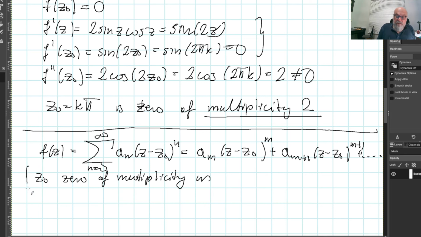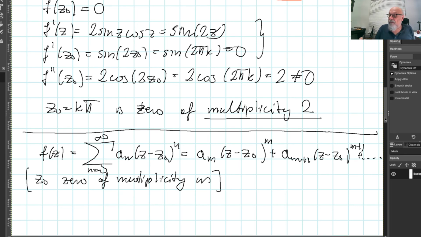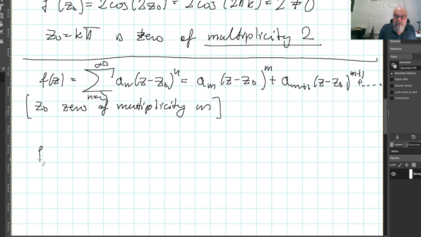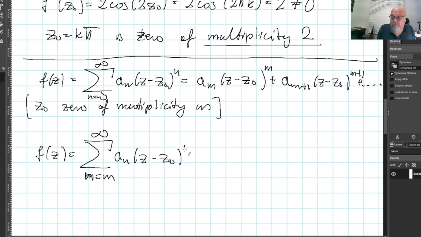In such a case I can do the following. This power series starts with n equals m to infinity of a_n times (z minus z0) to the power n.